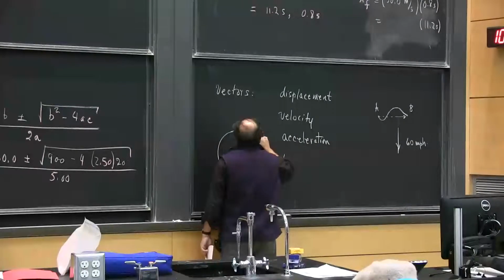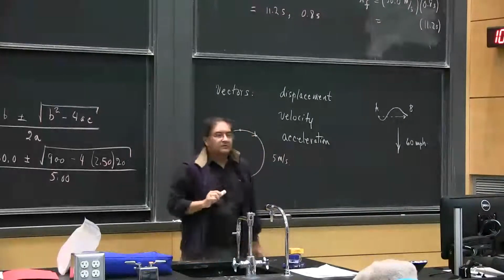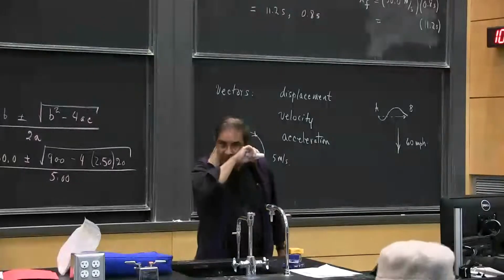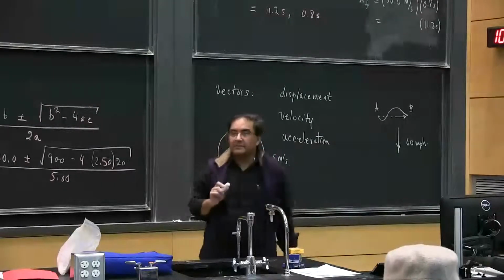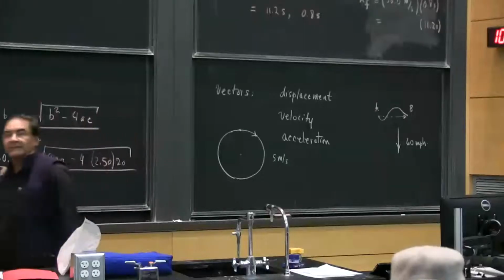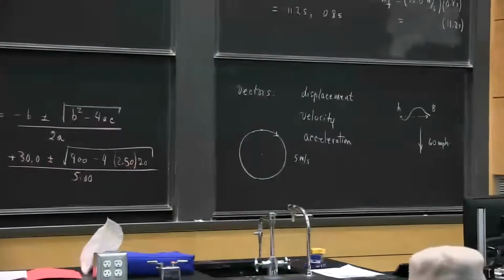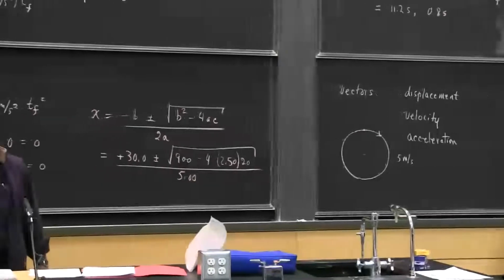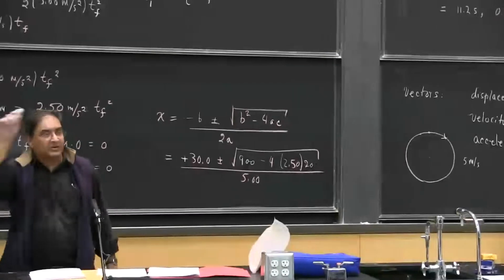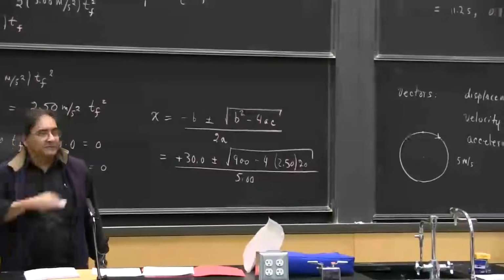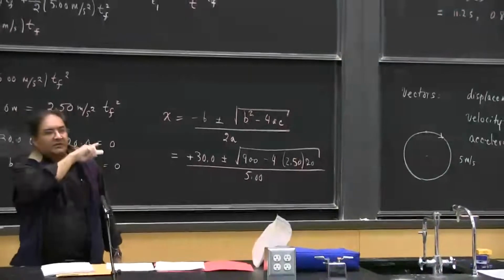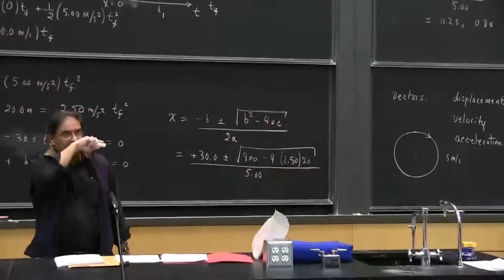So the speed is 5 meters per second. What is its velocity? Does it have a velocity? No. Because it's going in a circular track. So if I have to describe its velocity, what should I do?